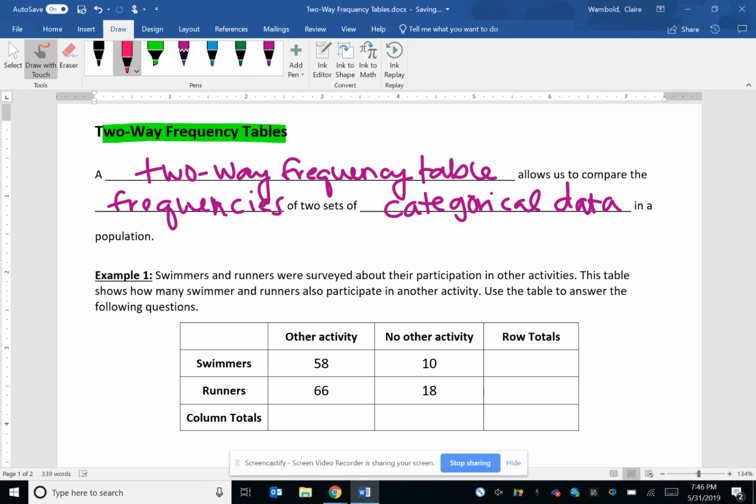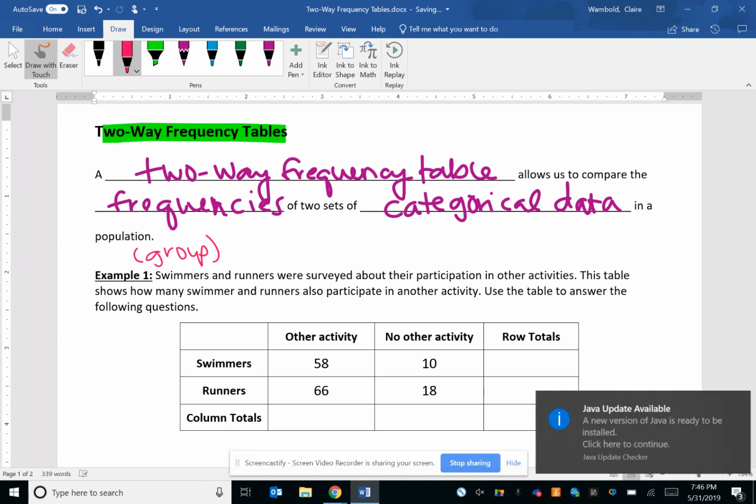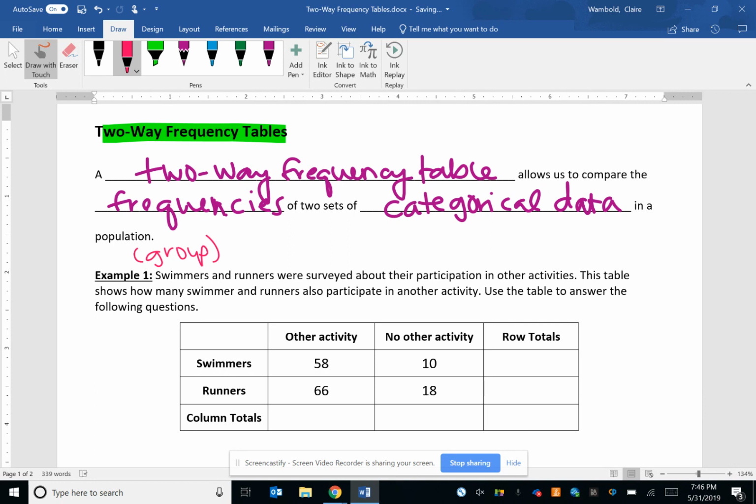Population just refers to a group, whether that's people or students or whatever is being measured. Categorical data refers to data that's split up into categories or smaller subgroups.